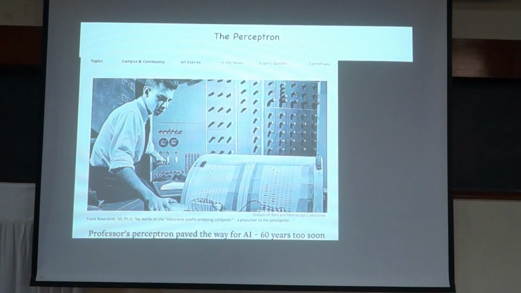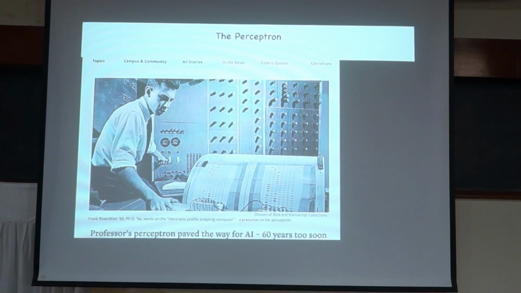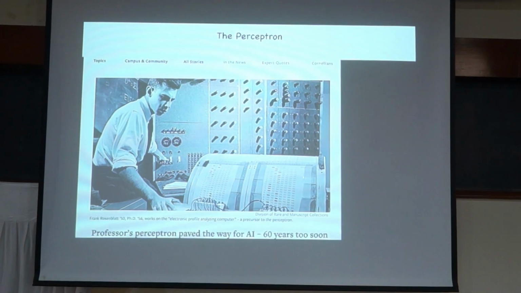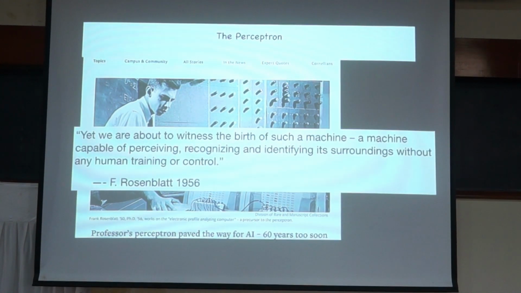As they say very lovingly, Professor Perceptron paved the way for AI 60 years ago. And it was indeed prophetic that, as he said, someday this perceptron, which was a very small network then, an idea at best, can perceive, recognize, and identify its surroundings. Those are his own words. And today we see it as reality.